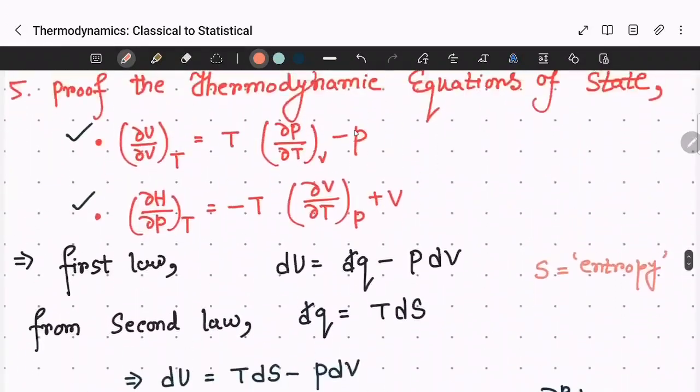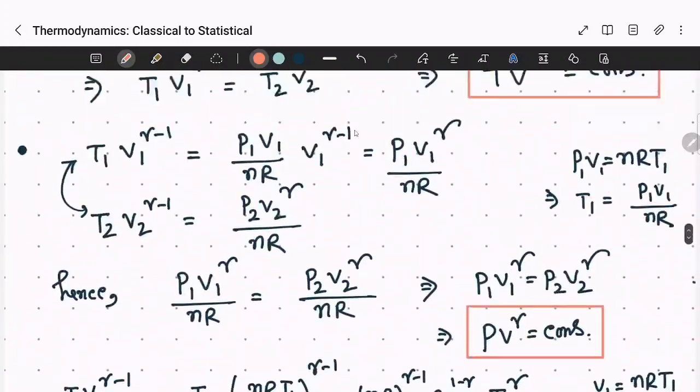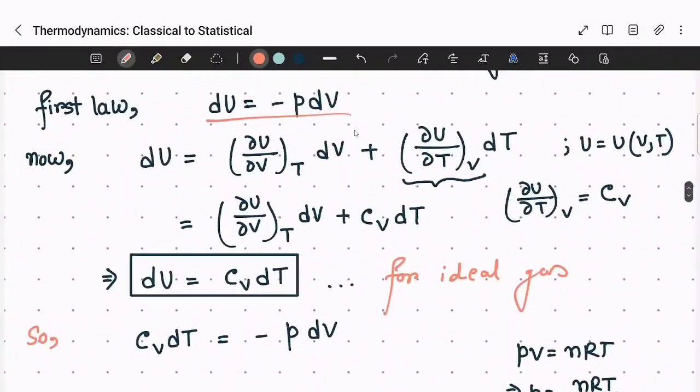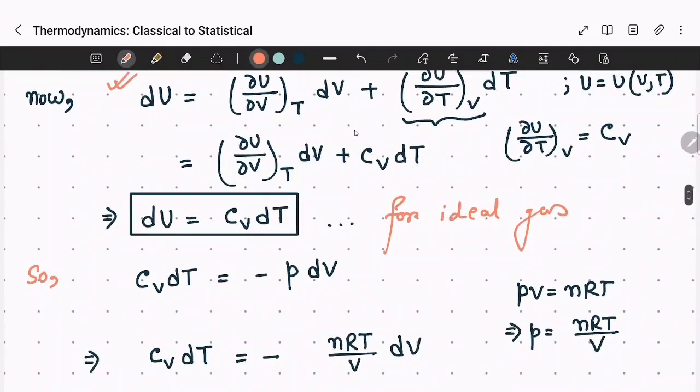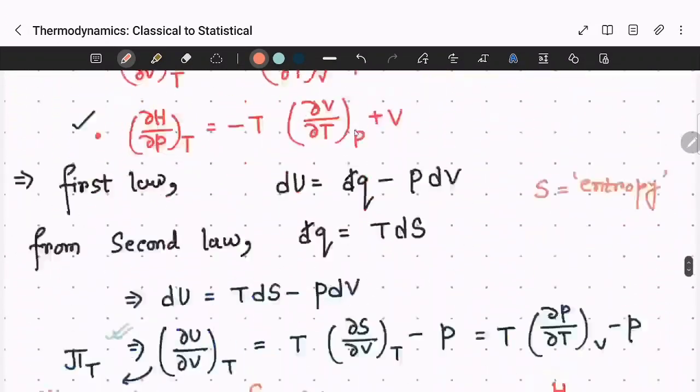Previously I have written, we have to just rewrite that. One minute. Yes, this equation. This is the dU, right? dU equals (∂U/∂V) at constant T dV plus Cv dT.